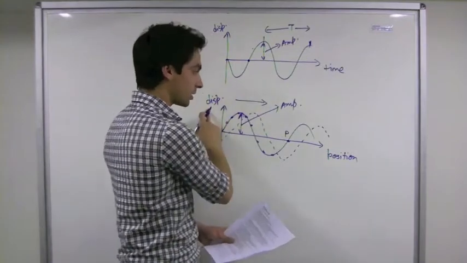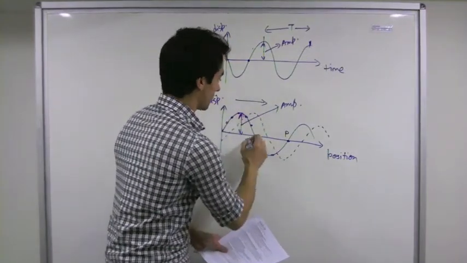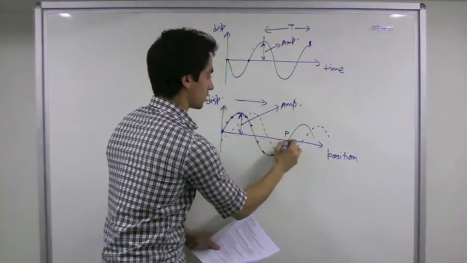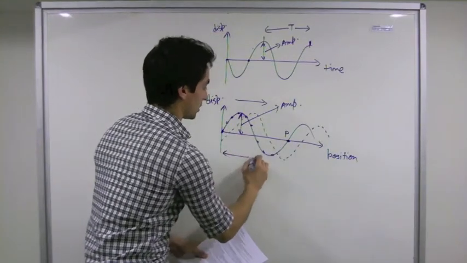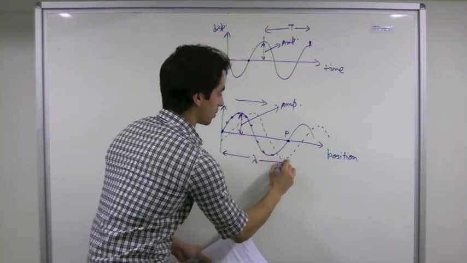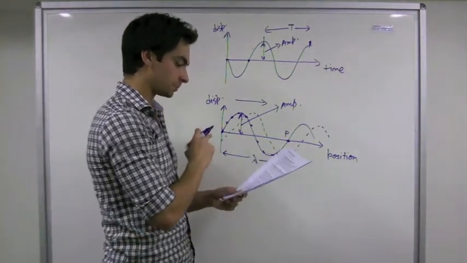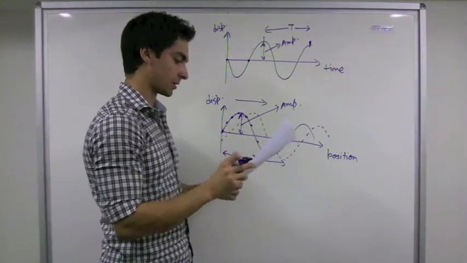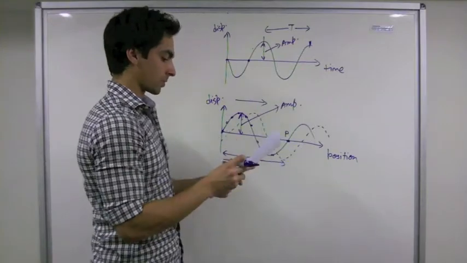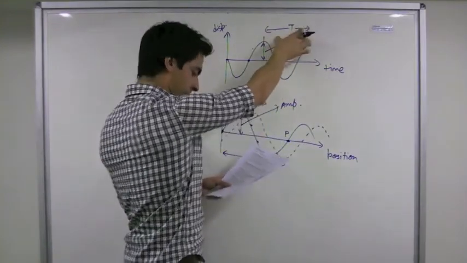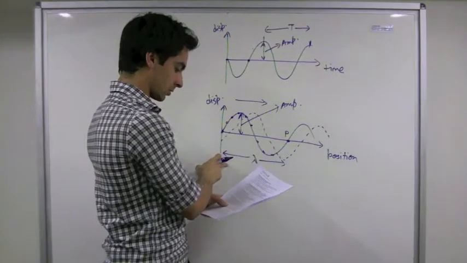And similarly on the displacement position graph, the distance between any two points in phase would be one wavelength. So you have displacement defined here, amplitude, and this here would be the period, and the wavelength.